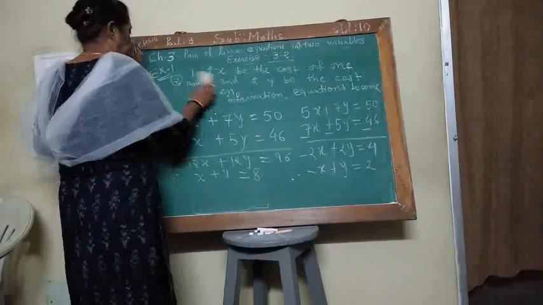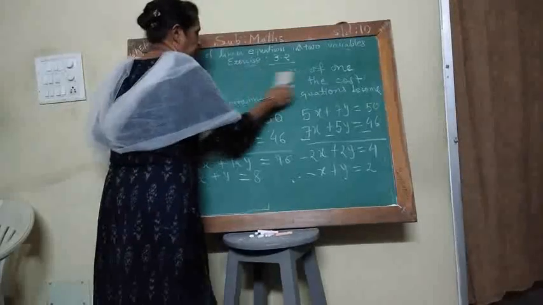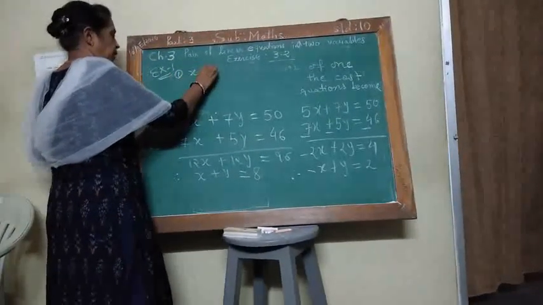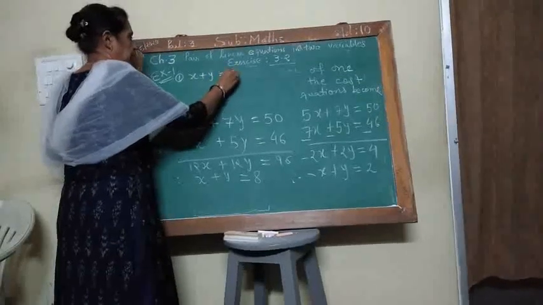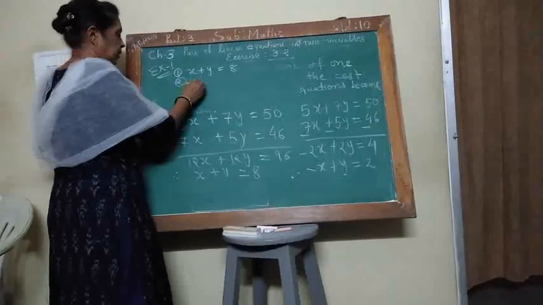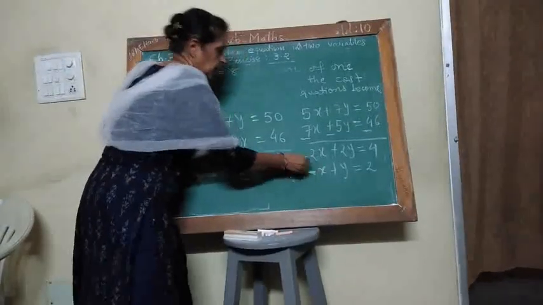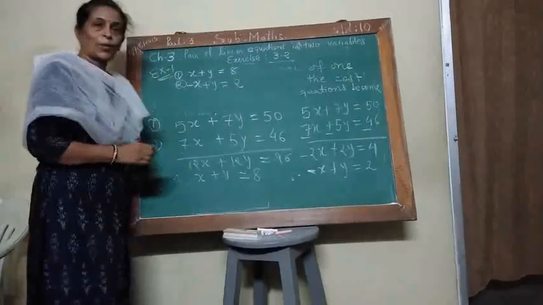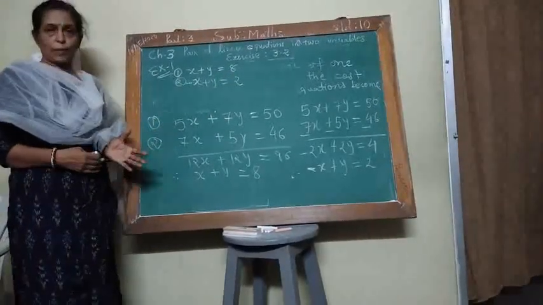So at last, for the answer, I give the first equation the name x plus y is equal to 8. Second equation: minus x plus y is equal to 2. So in this way I obtain two equations.